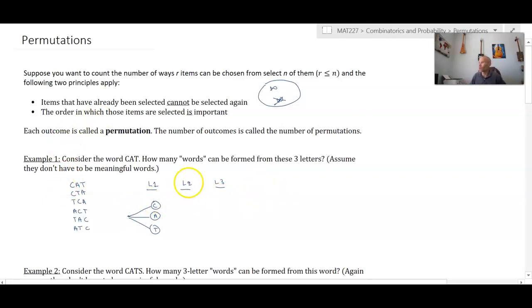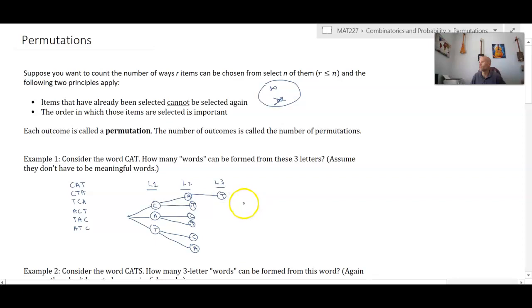So in branch 2, the difference here is that if C was selected as the first letter, then there's only 2 letters left for that second letter. There's A or T. If A was the first letter, then only C or T are left to be selected. And if T was selected first, then I can make letter 2 a C or an A. Now, if I had C and A as the first letters, then that only leaves 1 letter remaining.